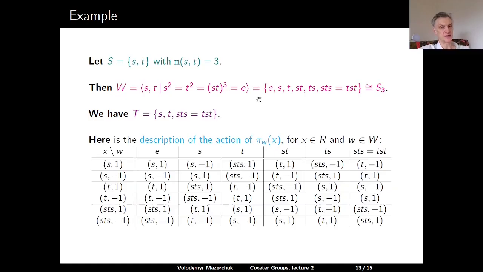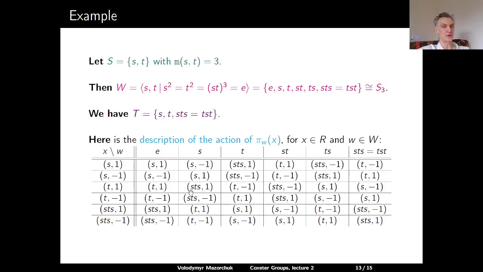And here's the explicit description of the action of all our pi w, where w is an element in our group, on elements in the set R. So the set R consists of (s,1), (s,-1), (t,1), (t,-1), (sts,1), and (sts,-1). Of course, the identity acts as the identity. The element s applied to (s,1) gives (s,-1) by definition, and applied to (s,-1) gives (s,1).